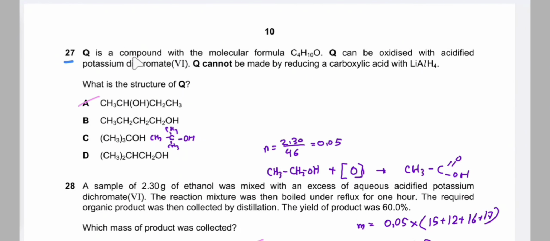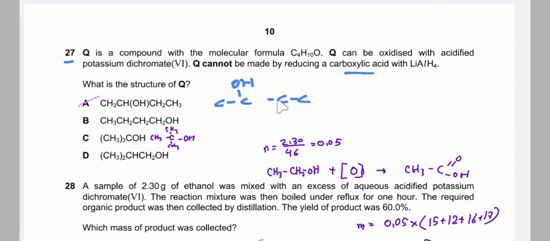Question number 27. Q is a compound with the molecular formula C4H10O. Q can be oxidized with acidified potassium dichromate. Q cannot be made by reducing carboxylic acid with LiAlH4. So that means Q does not produce carboxylic acid. So what is the structure of Q? So this is for option A, that is CH3 CH(OH) CH2 CH3.